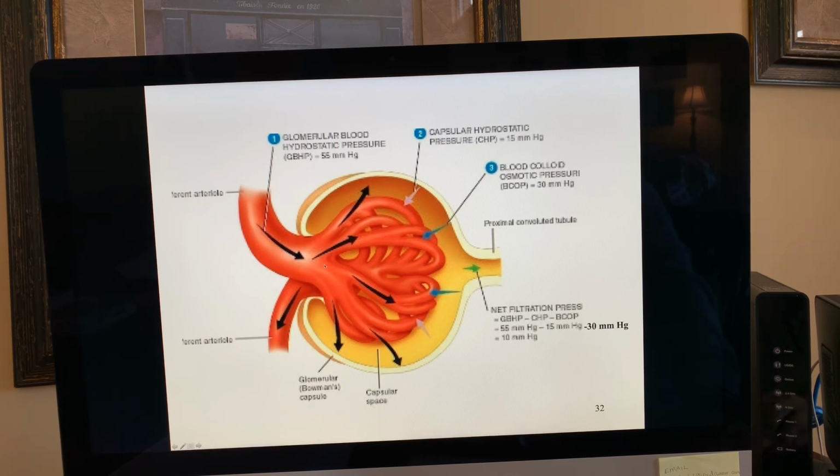Here's the afferent arteriole bringing fluid in with its hydrostatic pressure, which is 55 millimeters of mercury in this case, pushing out against the inner wall of the capillary. The hydrostatic pressure of the fluid in the capsule pushing back, they have that at 15.